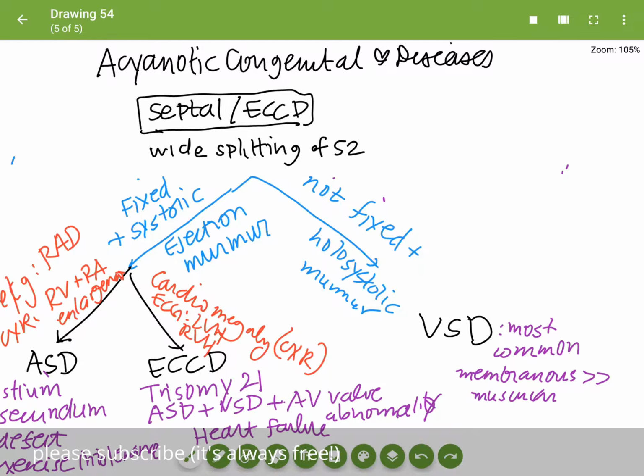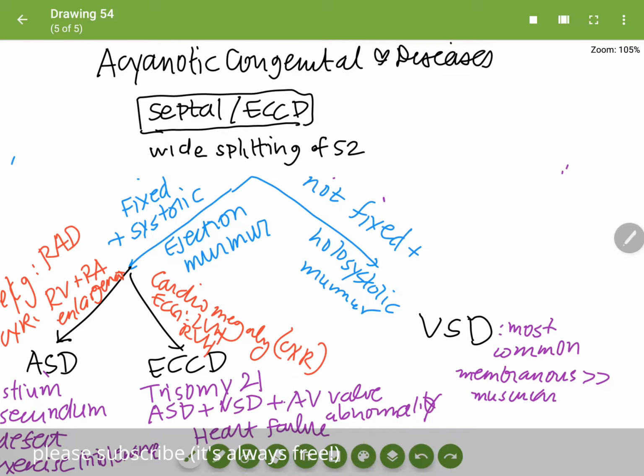This one is particularly susceptible to Eisenmenger's, so that needs to be watched for. Most are asymptomatic, especially if the pulmonary artery pressure stays low.